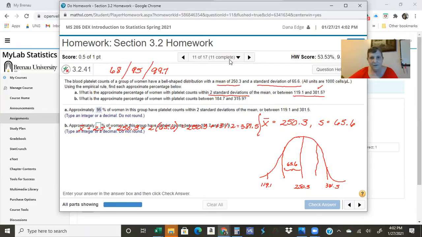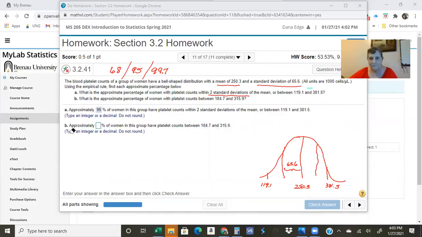Now let me get rid of some of this. In the second part of this problem, they want to know what percentage of women in this group have platelet counts between 184.7 and 315.9. Now, is that going to be 1 standard deviation up?